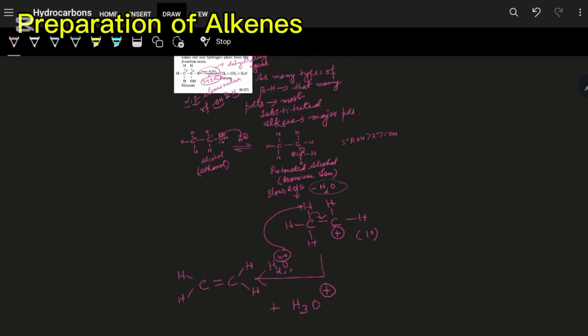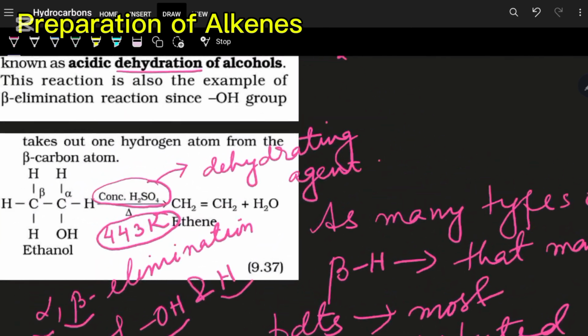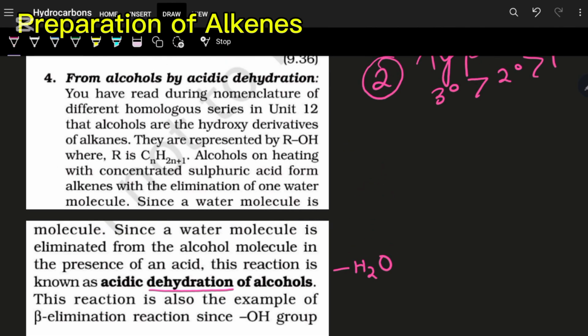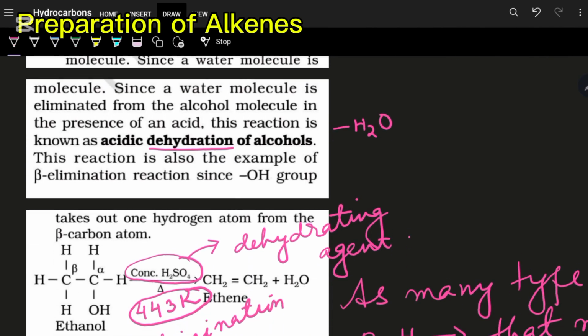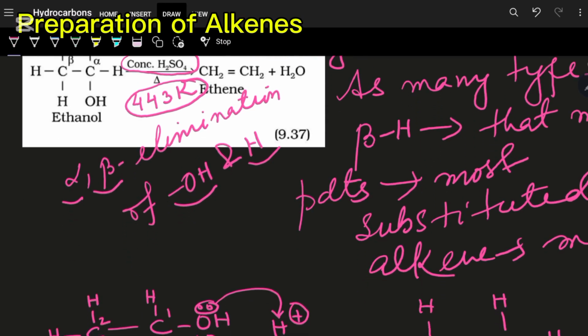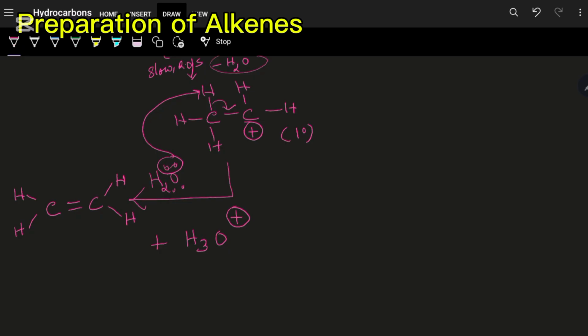What is H3O plus? H3O plus is H plus and H2O. We started with H plus and H2O only, in the acidic dehydration of alcohol. H plus comes from the H2SO4, so it is again regenerated. So a catalytic amount of acid is required to drive the reaction forward.